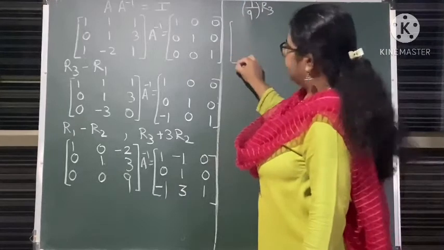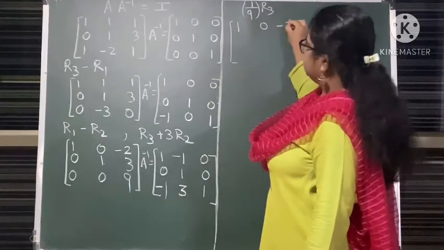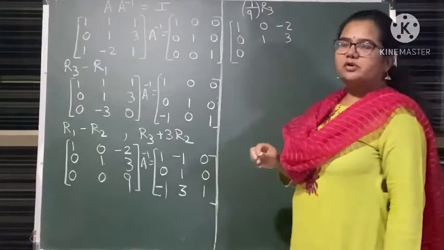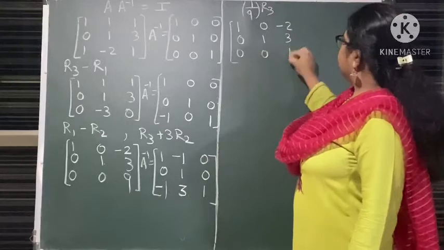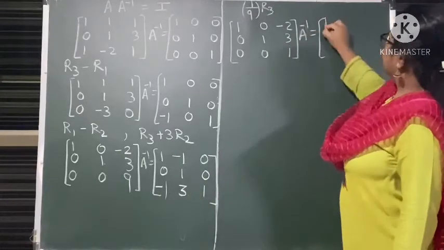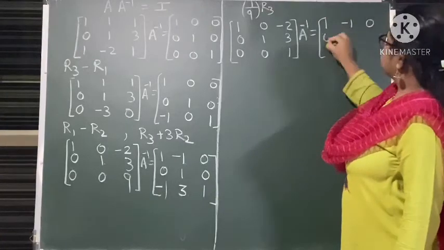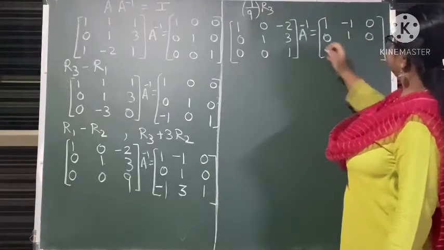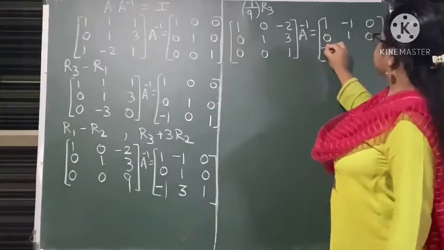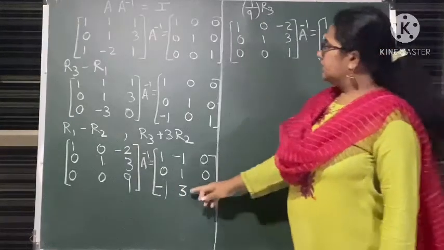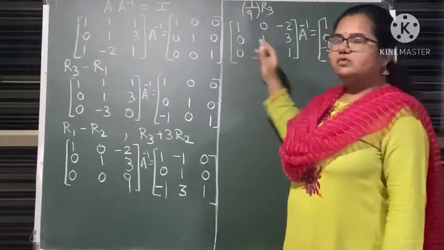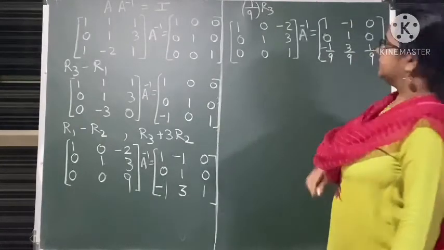So what will this become? 1, 0, minus 2, 0, 1, 3, 1 upon 9 into 0 is 0, 0 and 9 upon 9 is 1, into A inverse is equal to first row as it is, second row as it is, third row: 1 by 9 into minus 1 is minus 1 upon 9. 3 into 1 by 9 is 3 by 9 and 1 into 1 by 9 is 1 by 9.